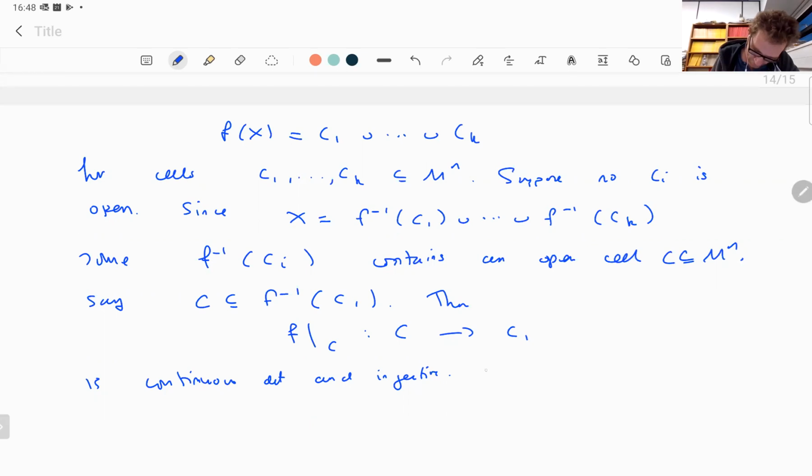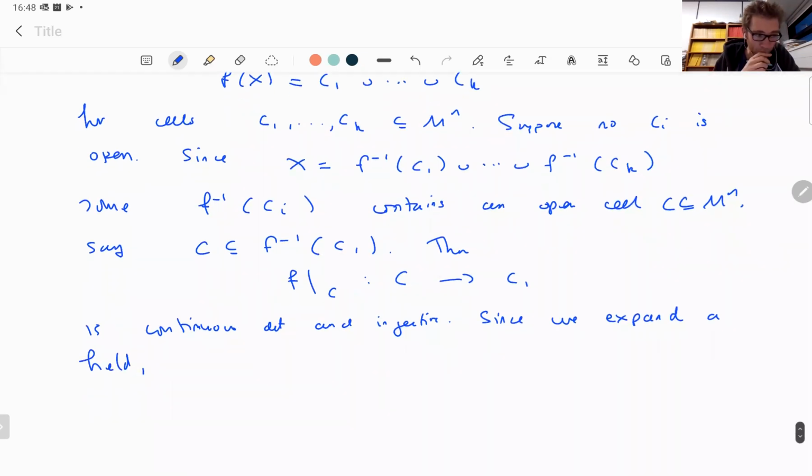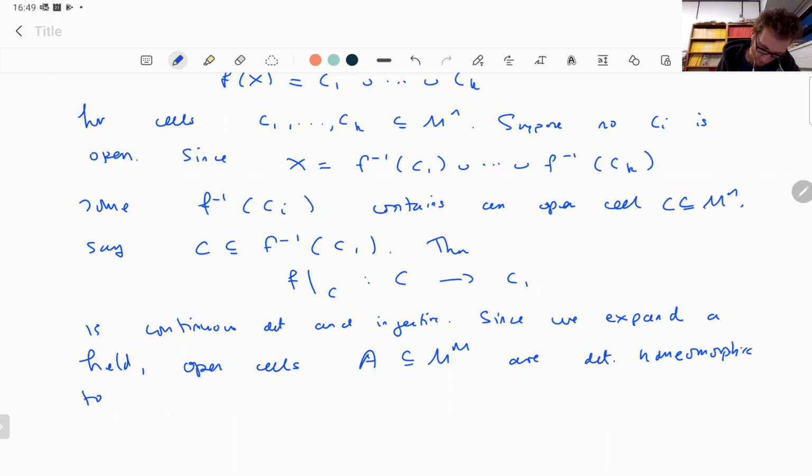So since we expand the field, open cells A in M to the l or M to the m are definably homeomorphic to M to the m.